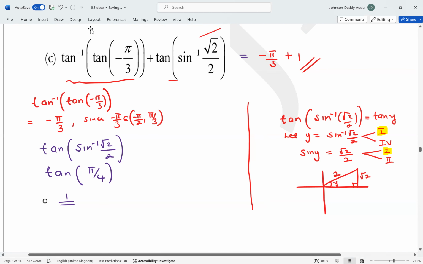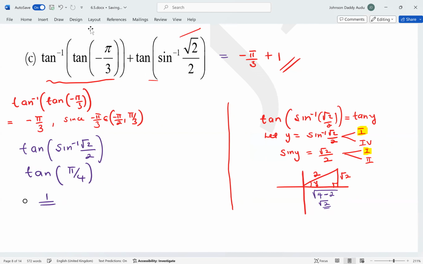By the Pythagoras theorem, this will be the square root of 2 squared, which is 4, minus the square of root 2, which is 2. So this is the square root of 2, which is the adjacent, right? Remember, this problem has been transformed to tan y.